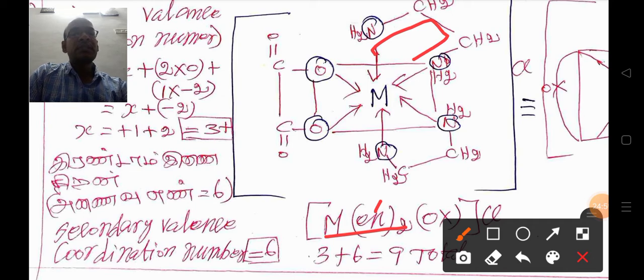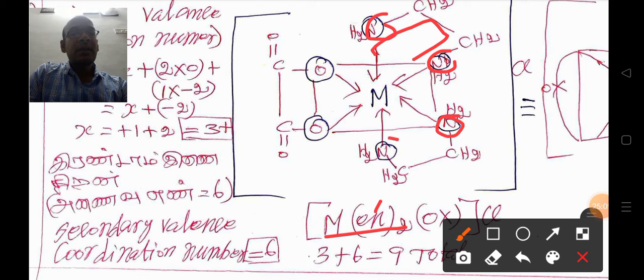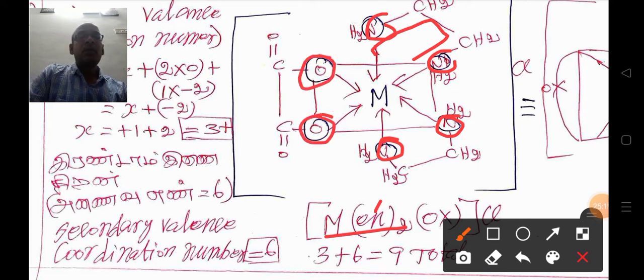It has two donor atoms, therefore it is a bidentate ligand. Likewise, another ethylene diamine has two donor atoms. Oxalate is also a bidentate ligand, two donor atoms, two O. In this case, totally 6 donor atoms. Therefore, coordination number is 6.